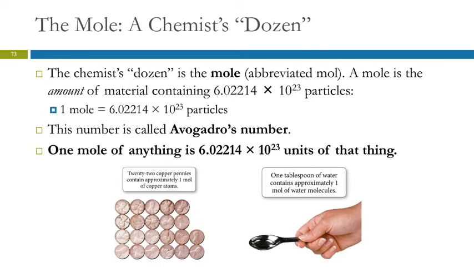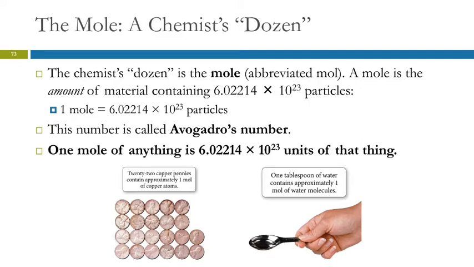Well, chemists have their own counting unit because even the ream is far too small when we talk about counting atoms. So the chemist's dozen is the mole, okay? M-O-L-E. It's abbreviated M-O-L. It's a short word. I don't know why it needs an abbreviation, but it has one, so there it is.